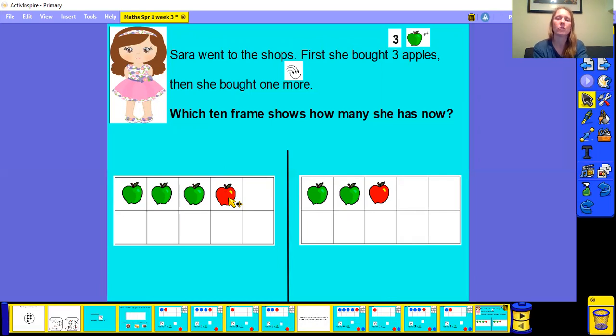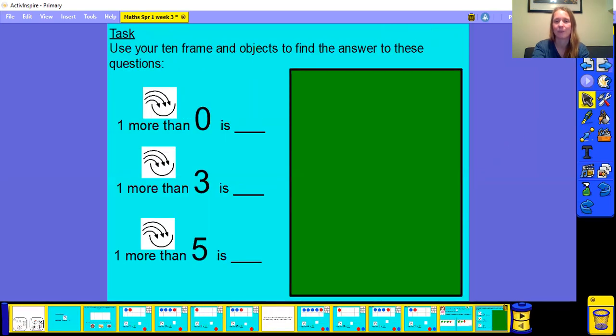How many does she have now? How many apples does Sarah have? Yes, that's right. She has four apples now. Three apples, and then one more apple. One more than three is four. Well done if you got that right.